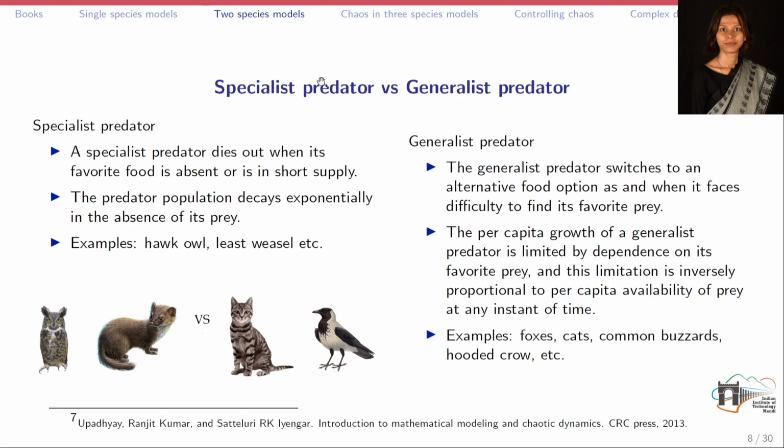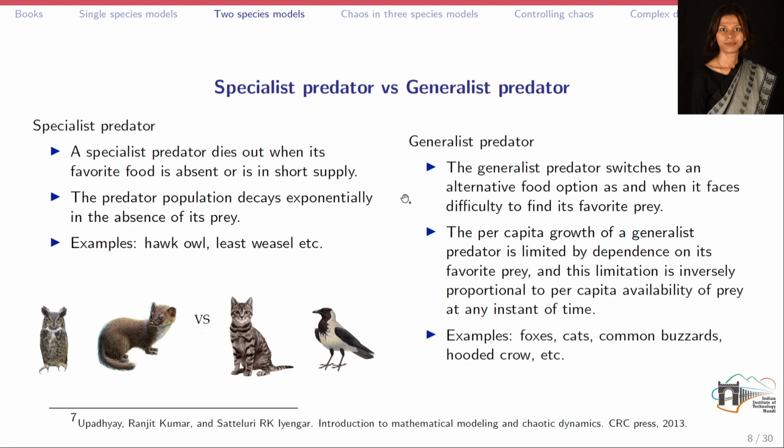So what are specialist predators? A specialist predator is one that dies out when its favorite food is absent or in short supply, whereas a generalist predator is one that, in the absence of its favorite food, switches to an alternative food option.